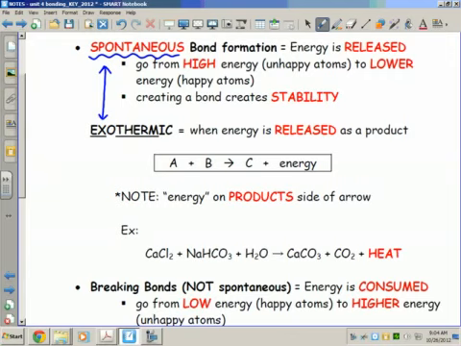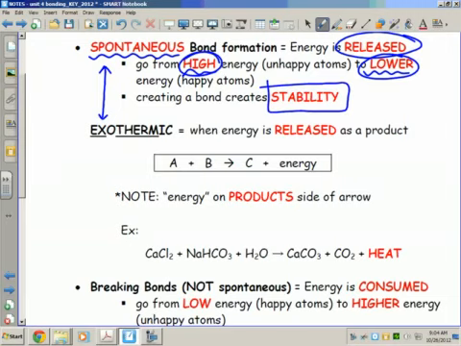But for all intents and purposes right now, when bonds form spontaneously, I want you to understand that energy is generally released. And the bonds then go from high energy to low energy, and they become more stable.